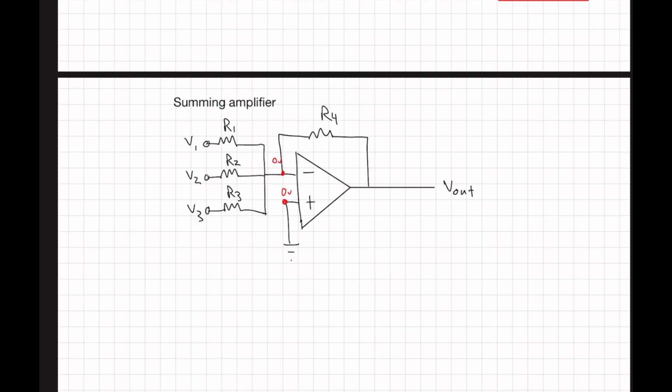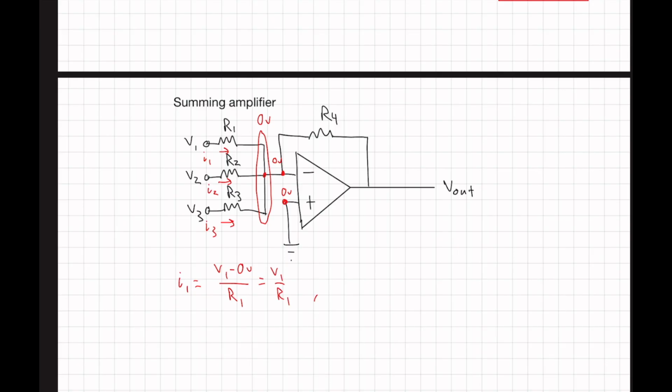Since this is 0 volts and these all share a node, each of those is 0 volts. So the current here, here, and here, let's call this I1, I2, and I3. I1 is going to be equal to V1 minus 0 volts over R1, which equals V1 over R1.